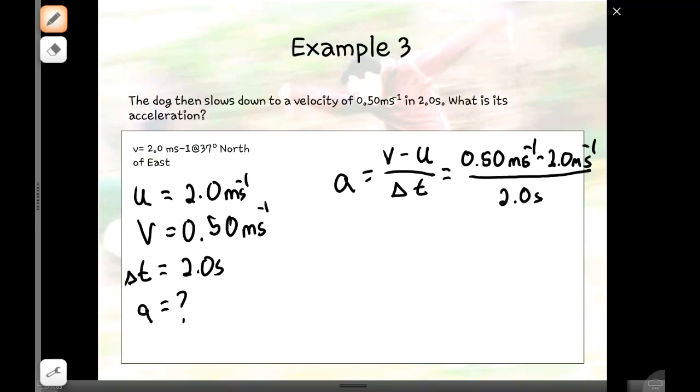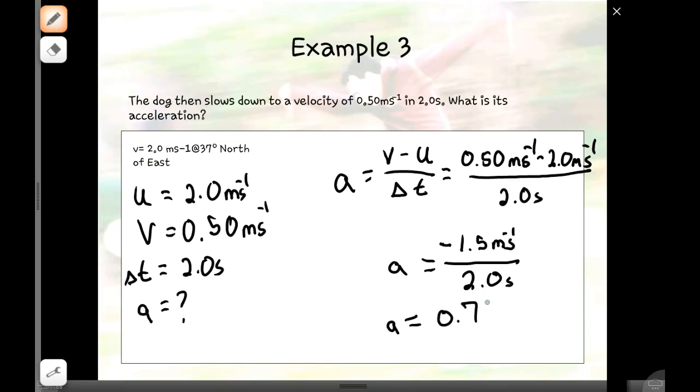Now, if I were to take a half and minus 2 from it, I'm going to get a negative 1.5 m s^-1, and all of that divided by 2.0 seconds. That's going to equal my acceleration. So now, how many times does 2 go into 1.5? Okay, so it's going to be 0.75.